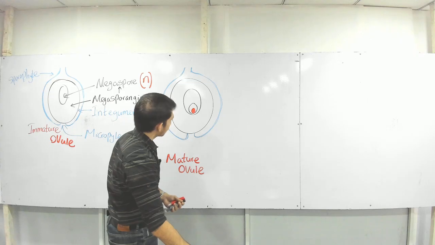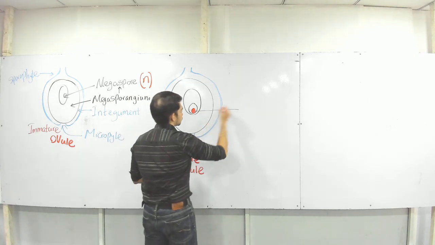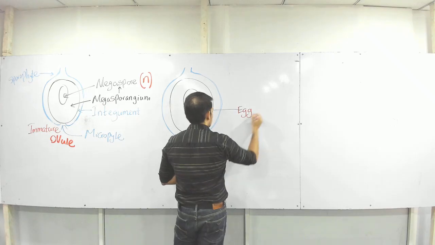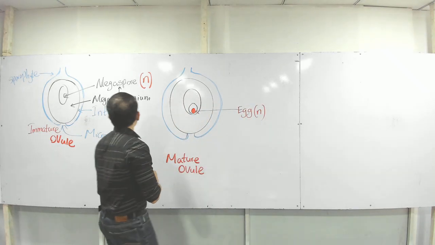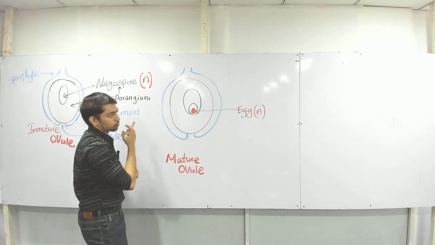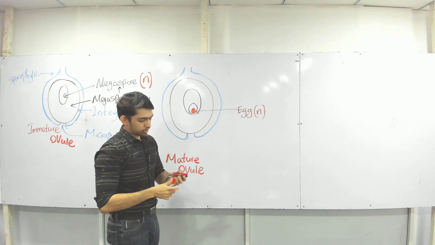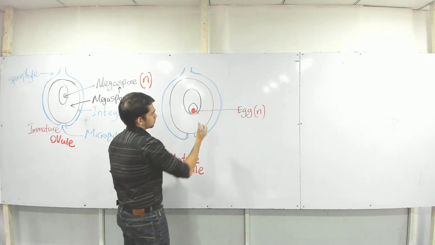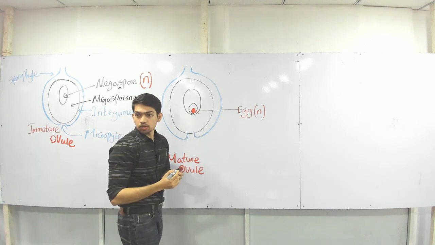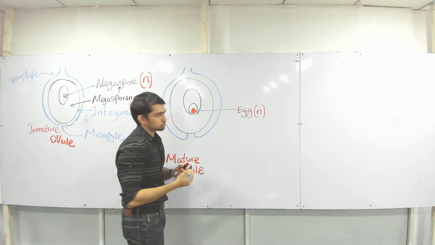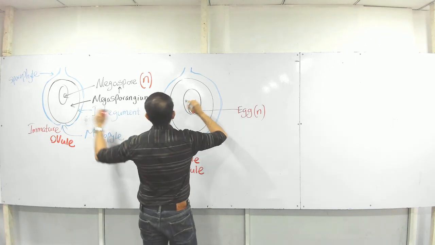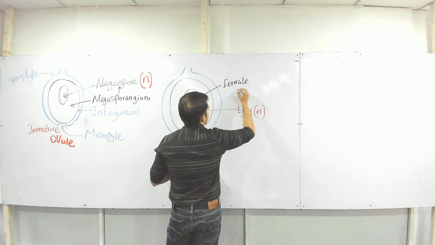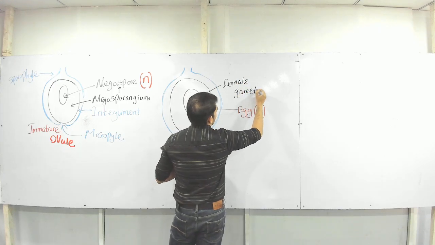So what is this? Egg. It came from where? The megaspore. So who is producing the egg? Probably this is the archegonia, right? No need to label that. Biggest difference is what do you have now inside? You have a female gametophyte.